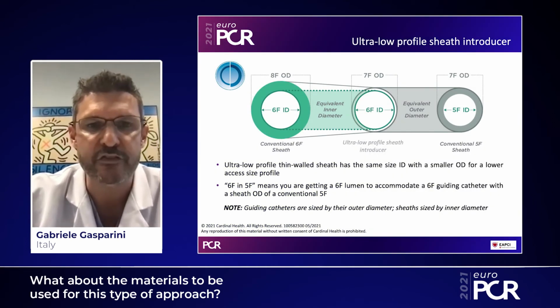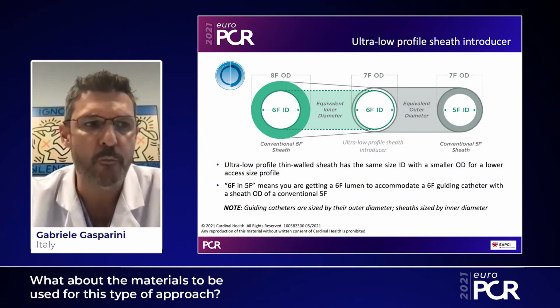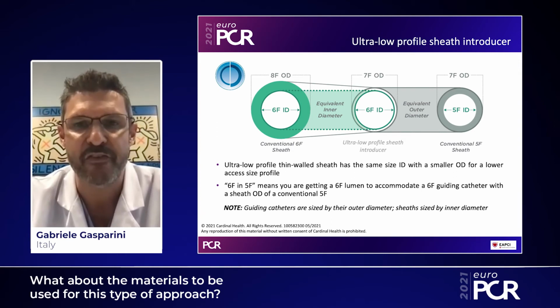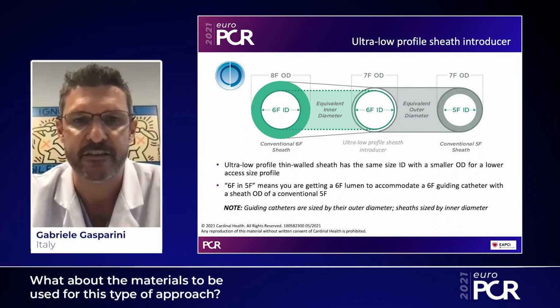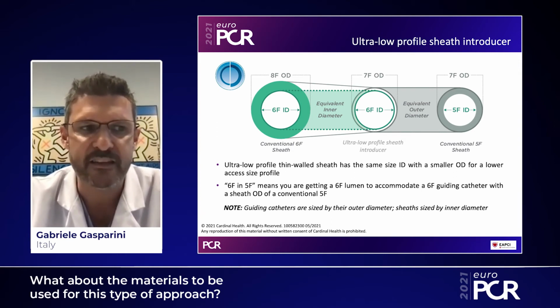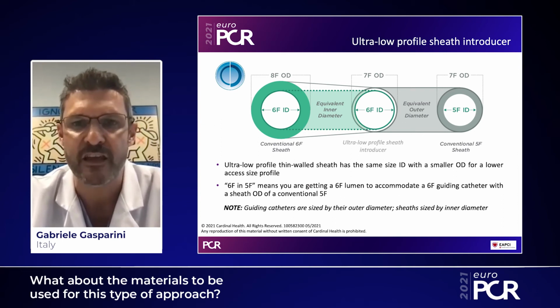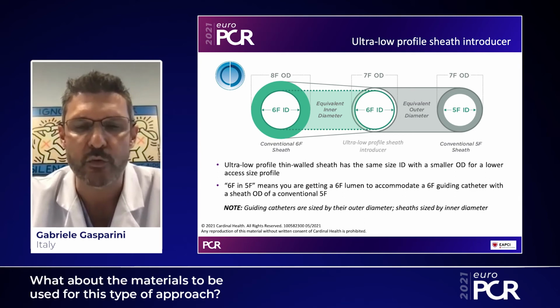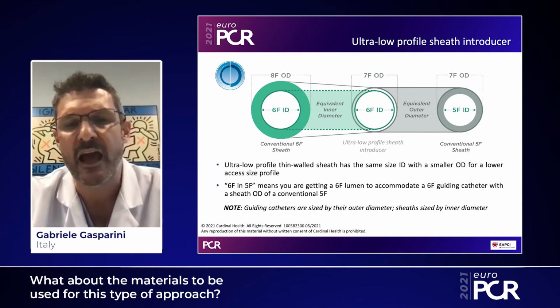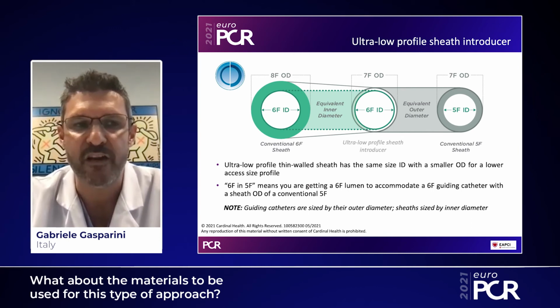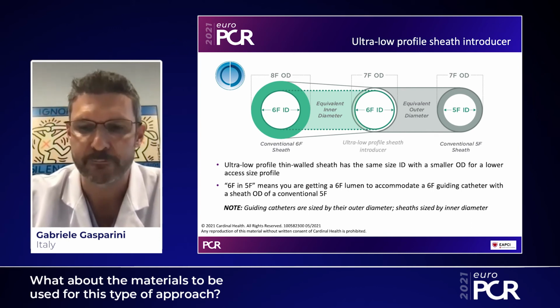According to this consideration, ultra-low profile sheaths are the preferred device in distal radial access. The thin wall technology provides a 1 French reduction in outer diameter compared to a traditional introducer, maintaining the inner diameter equivalent to conventional one.